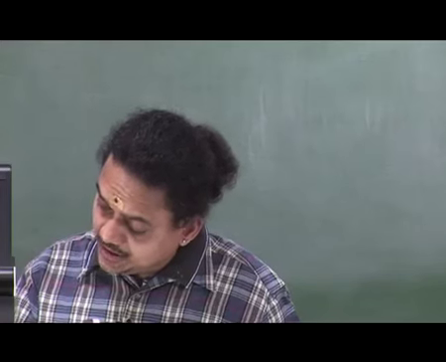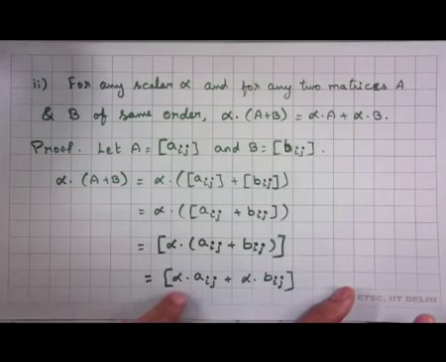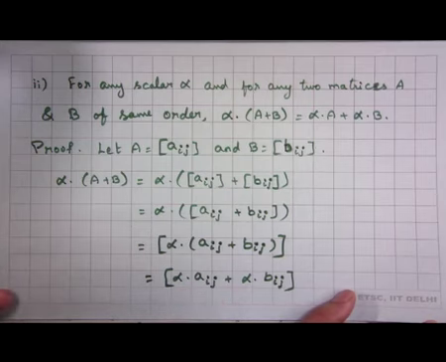So we have alpha dot Aij plus alpha dot Bij as the ijth entry.